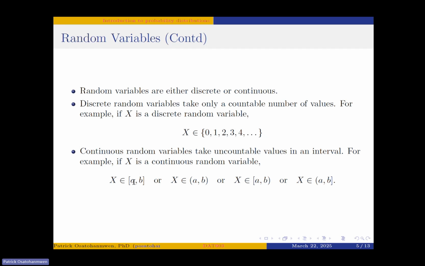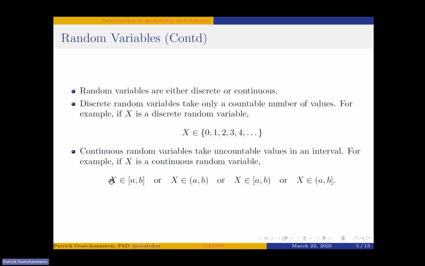If a is 5 and b is 7, the values this random variable takes begin from 5, then 5.1, 5.2. There are several observations, actually uncountable values, between 5 and 7.